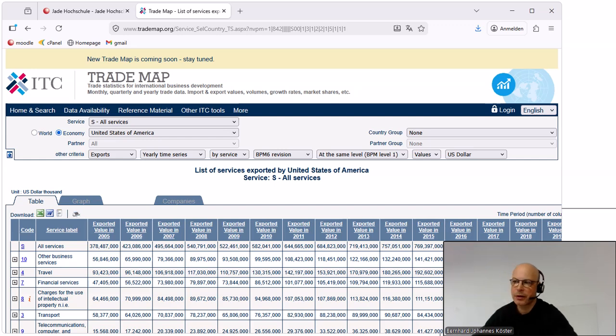Because if you remember, I gave you also the overall table with the openness, and there we saw that relative to their GDP, the United States are not trading that much with the world. Overall, since they are the largest economy, of course, exports and imports have almost the largest volume in the world, similar size compared to China and Germany.